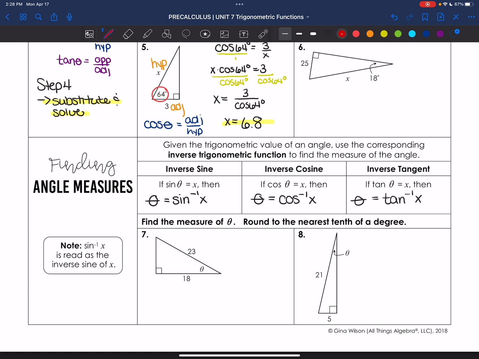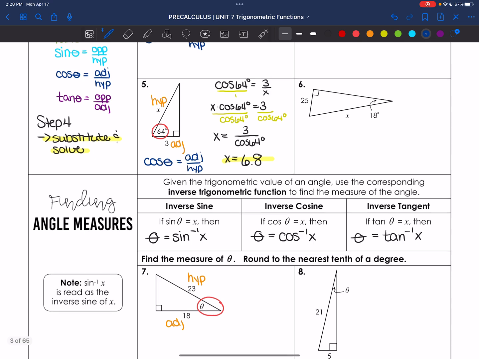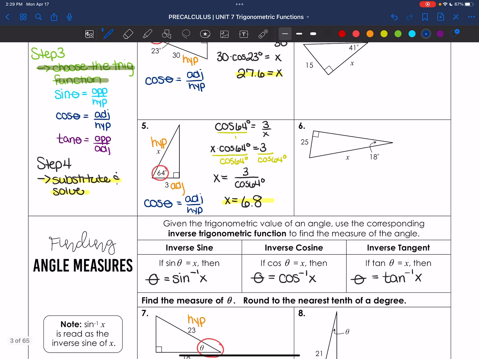So let's begin. Once again, we want to start by circling the angle that we're working with and then labeling our sides. Identifying which trig ratio this is going to be. Which one will relate adjacent and hypotenuse, ladies and gentlemen, of the three?